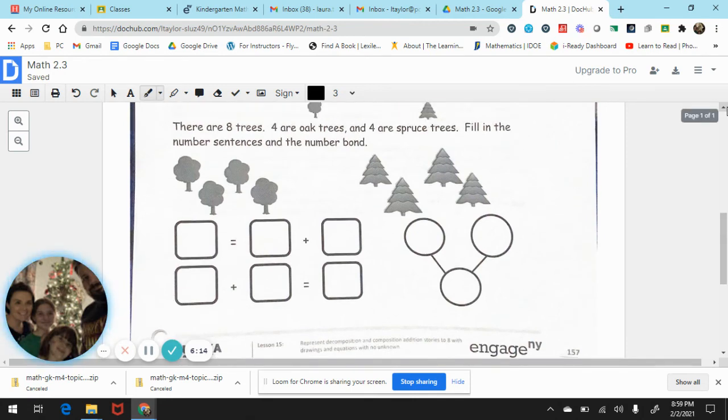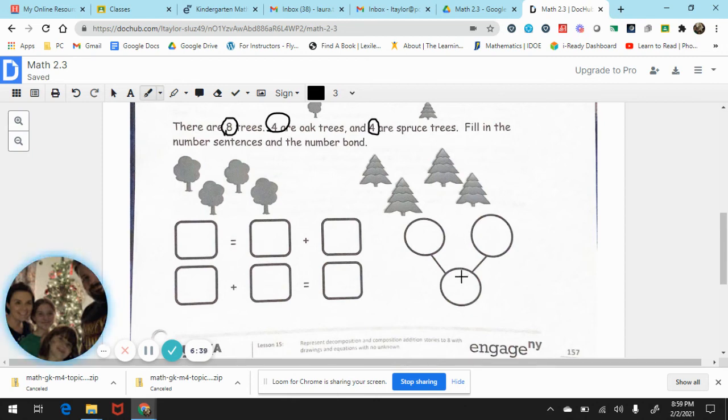All right, let's do one more. There are 8 trees. 4 are oak trees and 4 are spruce trees. All right, so let's see. We got 8, 4, and 4. All right, friends, look at those numbers. I know that the whole number is always the biggest number. So look at those numbers. Which one's the biggest?